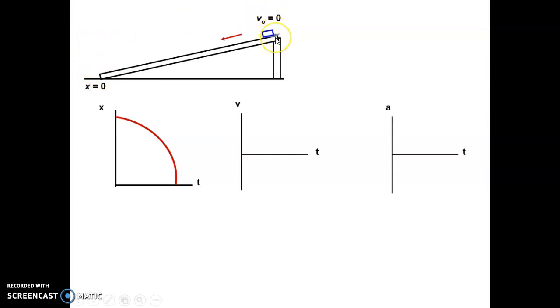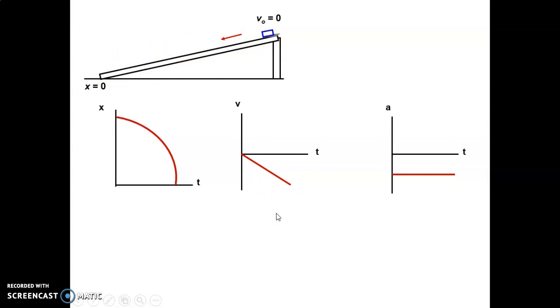So it's away from that point, and it's going to go to that point, and it's going to pick up speed. So here again, we're going to have a flat line down here. This thing is going to initially not move that far, and then it's going to move really, really far. So it will move more and more displacement as time goes on, as it picks up speed going down the ramp.